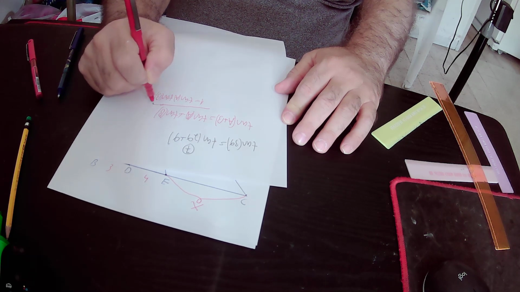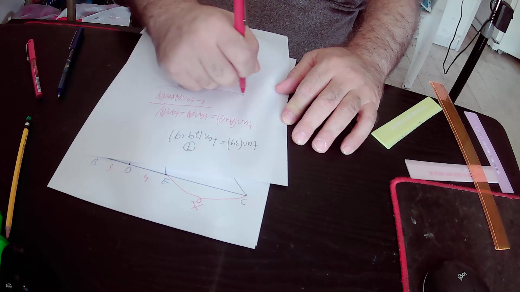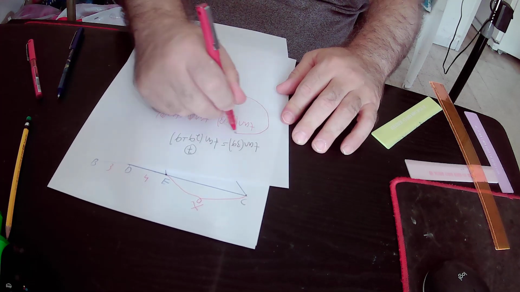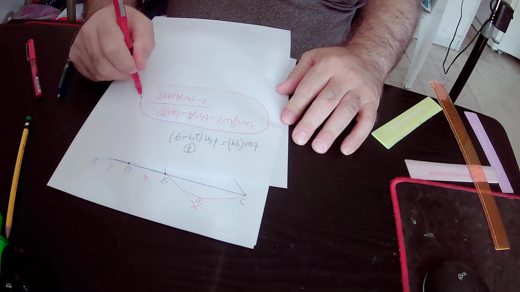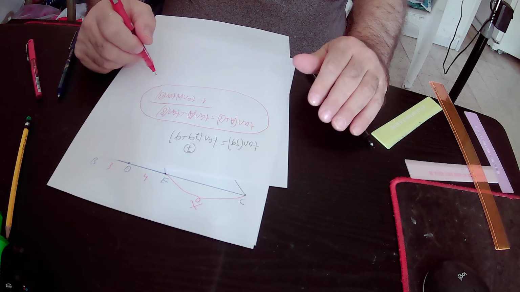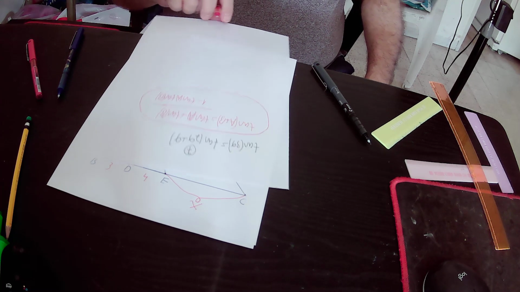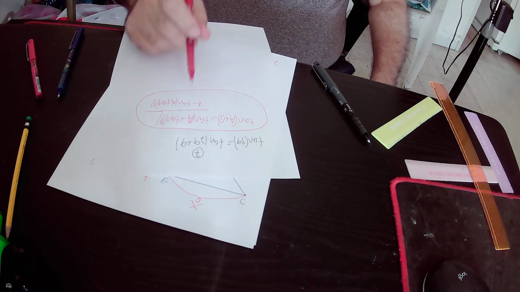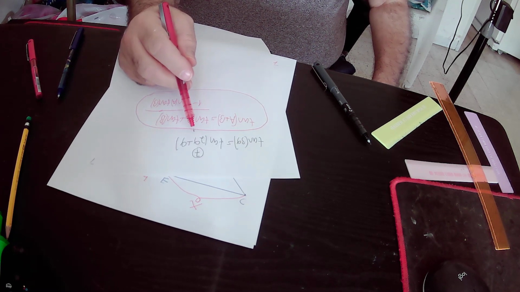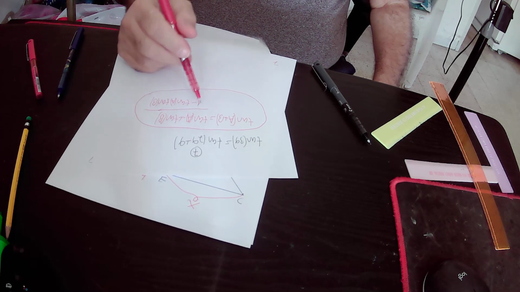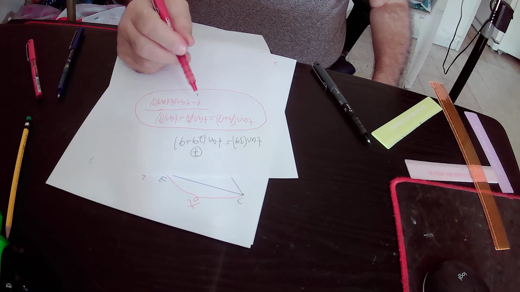Okay, so according to this trigonometric identity, tangent A plus B equals tangent A plus tangent B over 1 minus tangent A times tangent B. So we actually can calculate the value of tangent 2 alpha plus alpha according to this trigonometric identity.